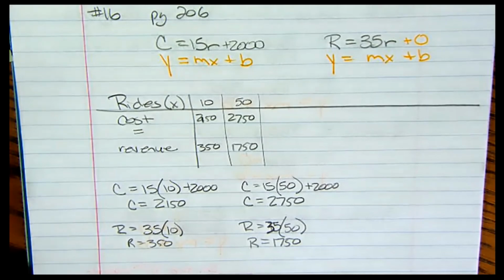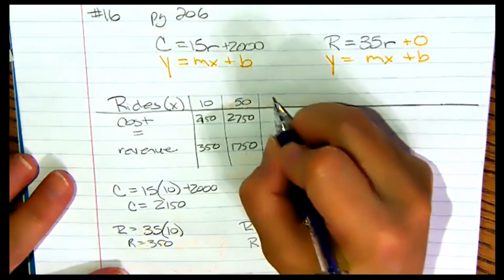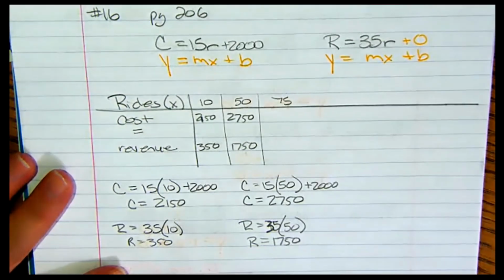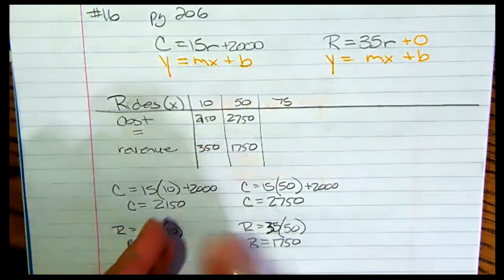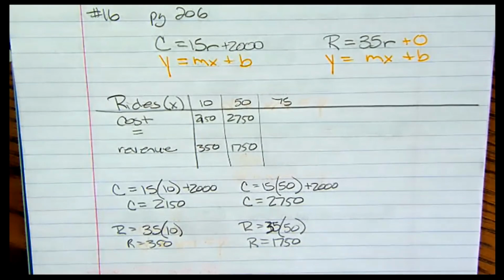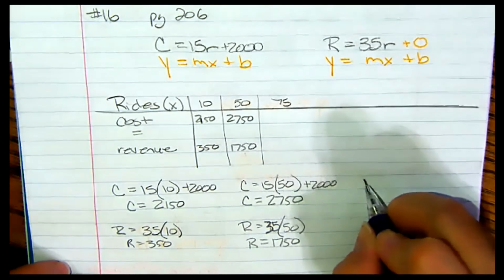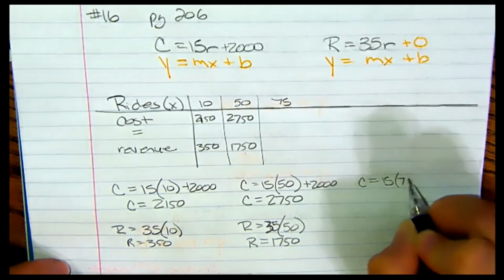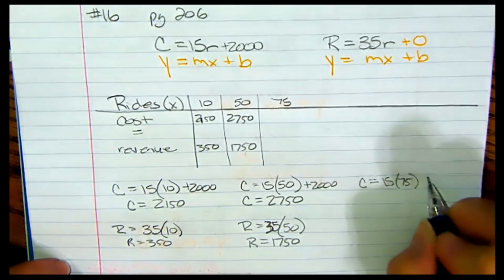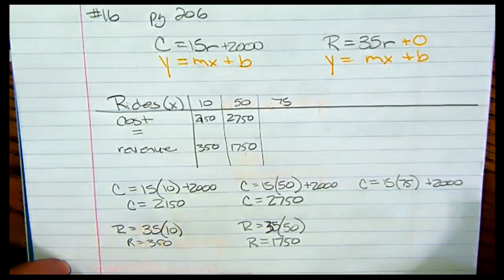So now I'm going to try 75 rides. So we'll take a look at what the gap is and decide, do we need to go higher or lower? So my cost is $15 times 75 rides plus the 2,000.